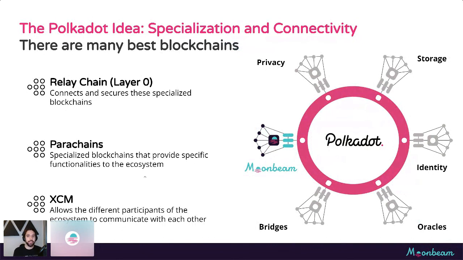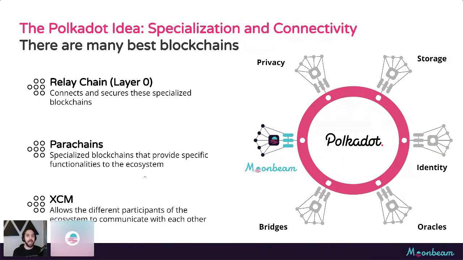There's a certain relationship between the blockchains that connect to Polkadot and Polkadot itself, where Polkadot can guarantee via its economic model that the blocks produced by these other blockchains can be verified and finalized by Polkadot. These other participants in the network are called parachains. The term comes from parallel blockchains.